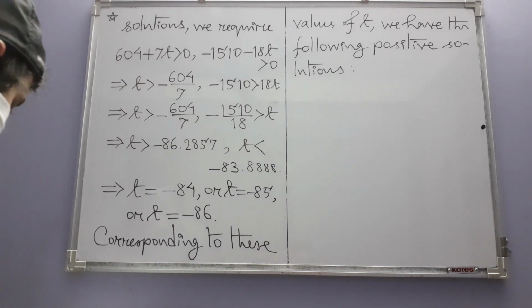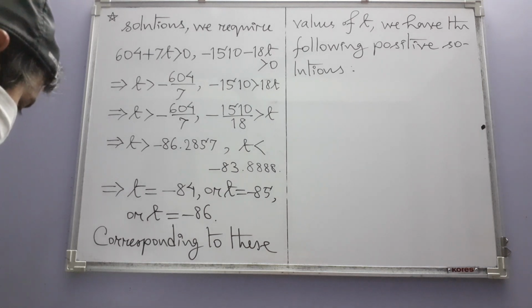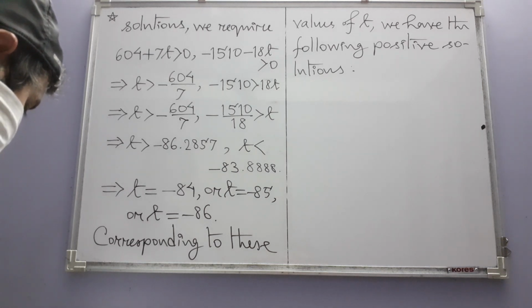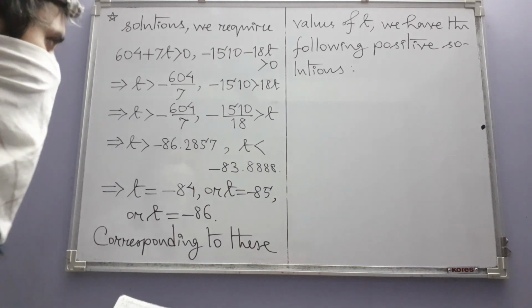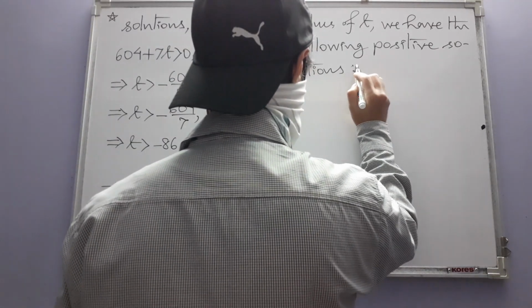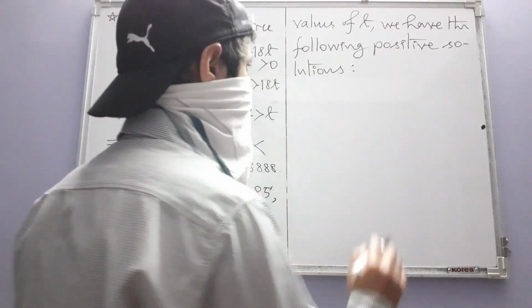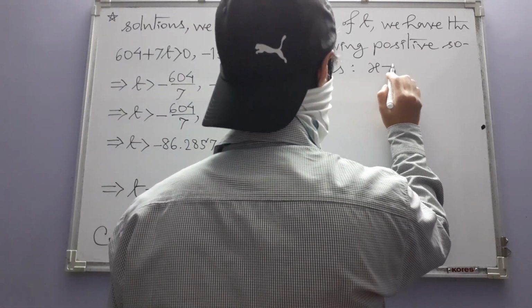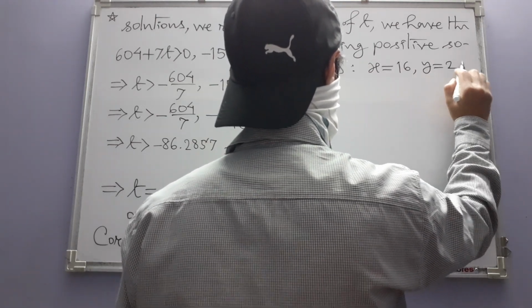And those solutions, you can calculate these solutions, and their values turn out to be, oh, I wrote minus 84 first, so that means I'm keeping that order. So for t equal to minus 84, these are the values. X is 16 and y is 2.